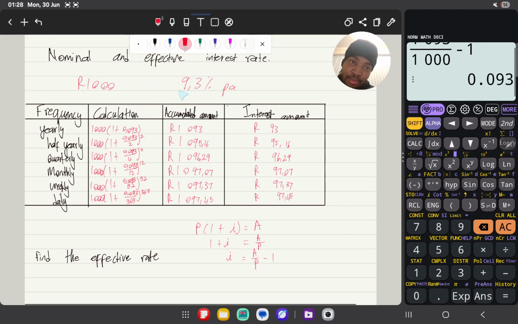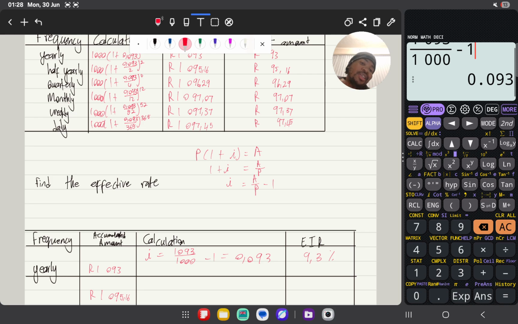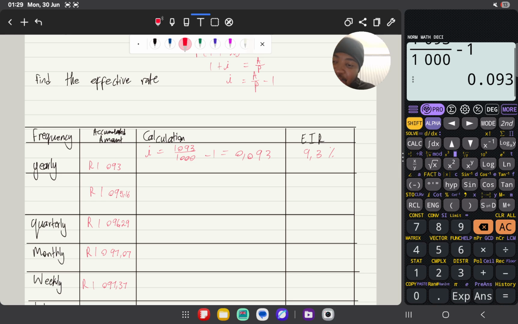We used 9.3%. So the reason I put the yearly frequency was to show you that if it is being compounded yearly, then nominal is the same as effective. But let's see for these other ones here.